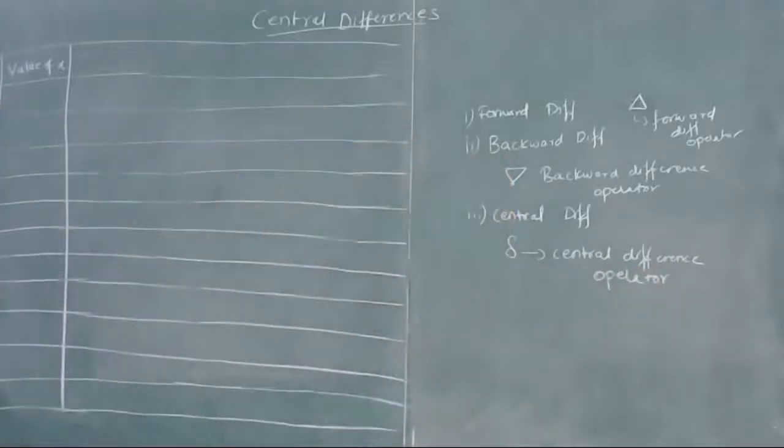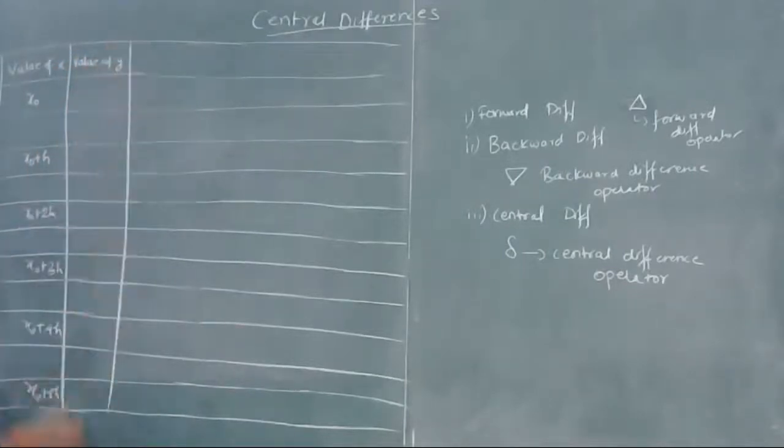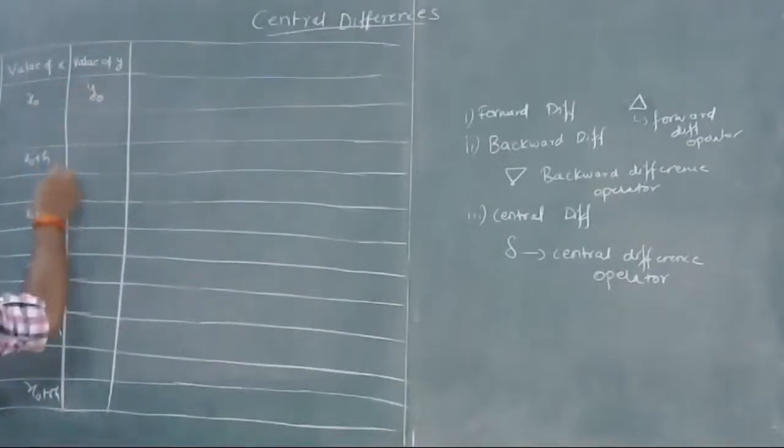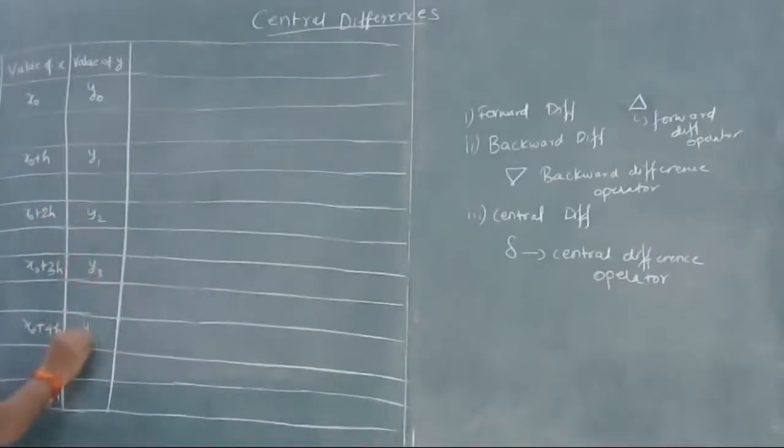Again, in the last class we constructed our table. The values of x are x naught, x naught plus h, and so on, evenly distributed. Next, the values of y: corresponding to x naught, y naught, y1, y2, y3, y4 and y5.